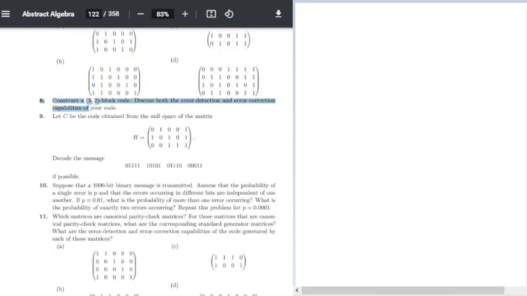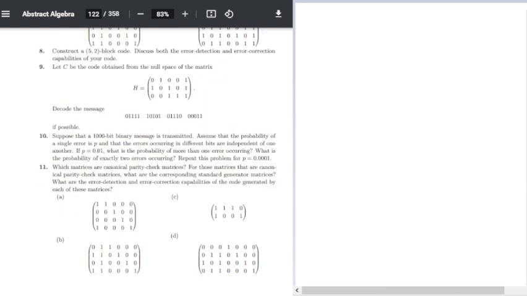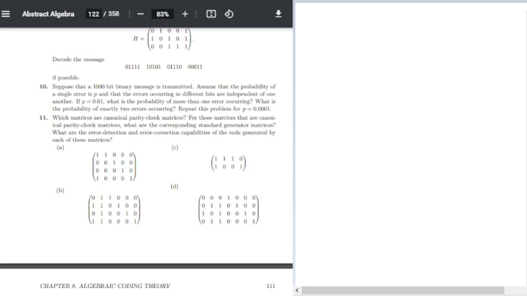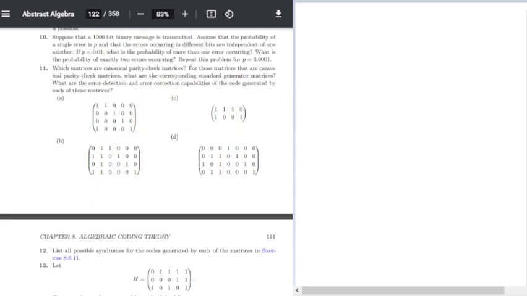So construct a 5-2 block code. Just tell us about the error. Now, we'll worry about the construction another day. Suppose that a 1, 0, 0, binary. This is like basic probability.